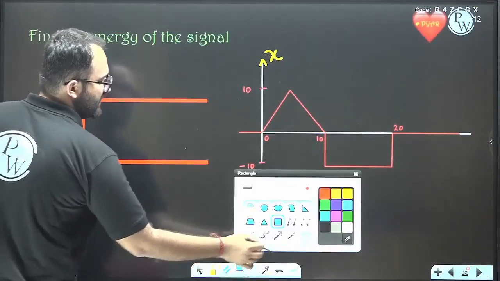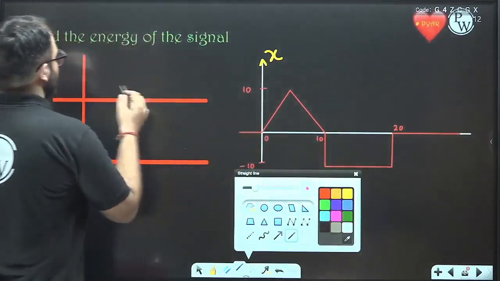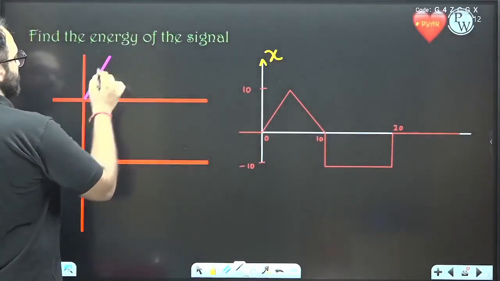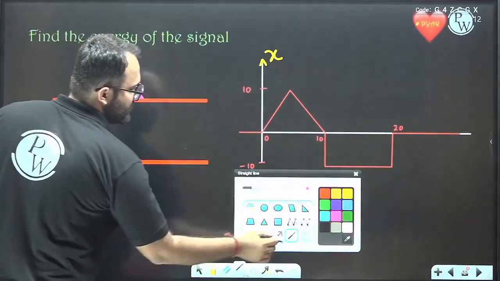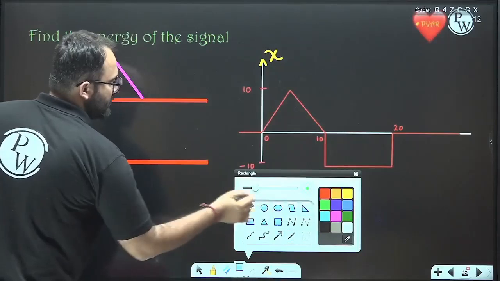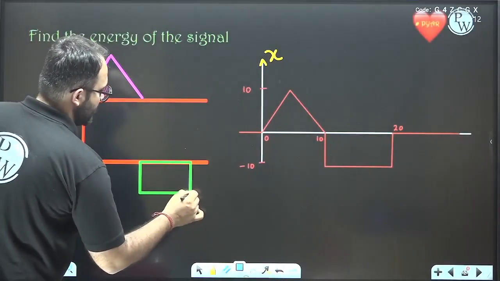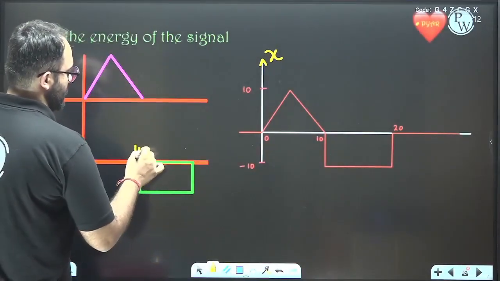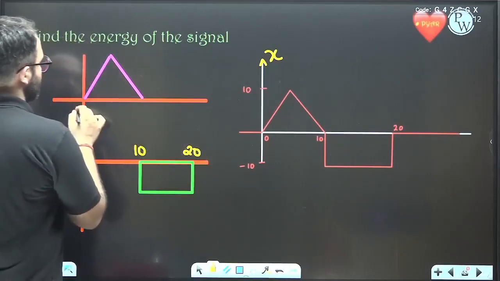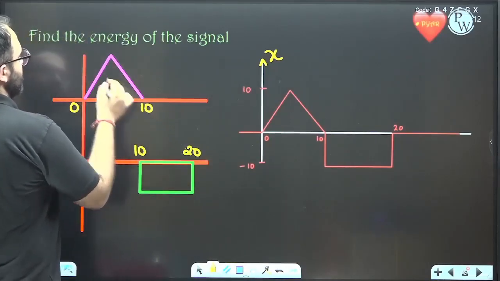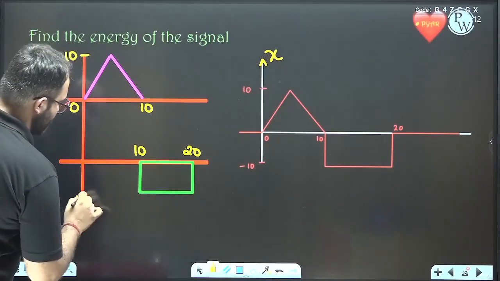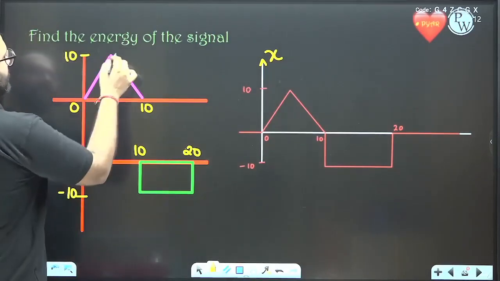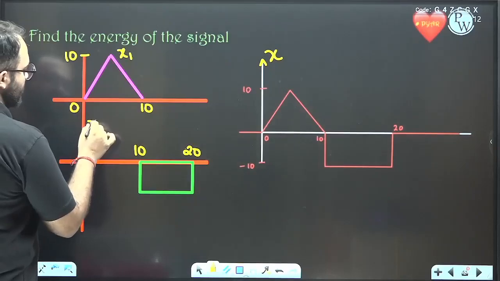The first signal is a triangle from 0 to 10, and another is a rectangle from 10 to 20. The height is 10 here and minus 10 there. So this is your x1 and this is your x2.